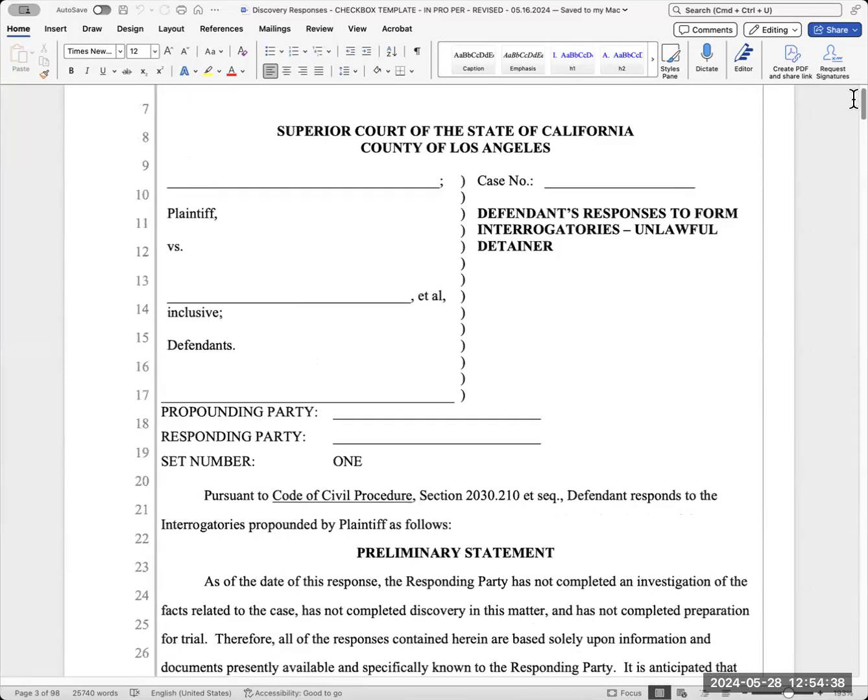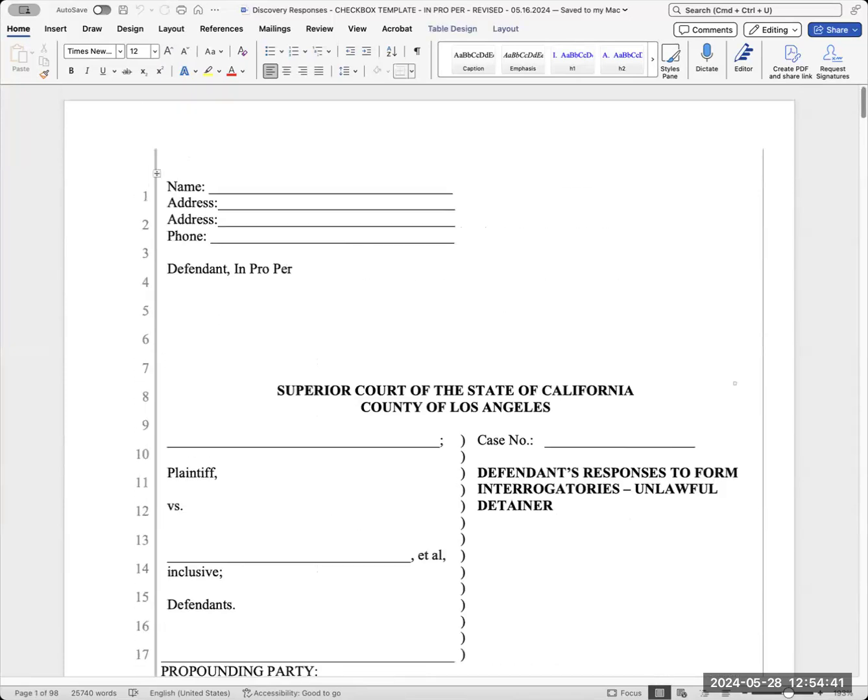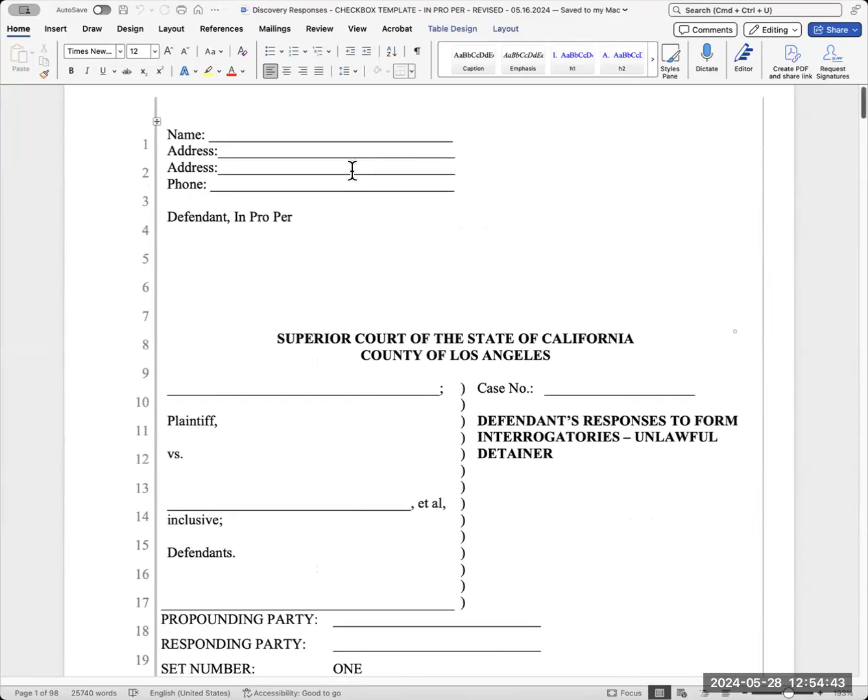So if you're able to, you can fill this out while we go along. Put in your name, address, and phone number on the template here. If you printed it out, you can write it out. If you have Word software and you're participating in this class, you can type it out on your computer and put in your address, phone number here, plaintiff here, like it is in the complaint, defendants here, case number.